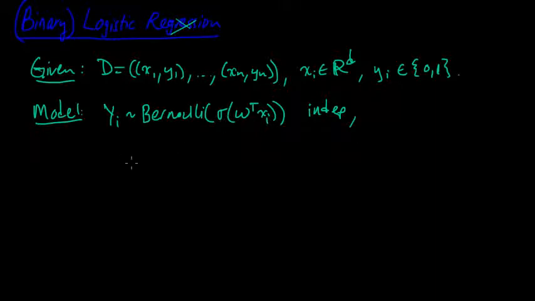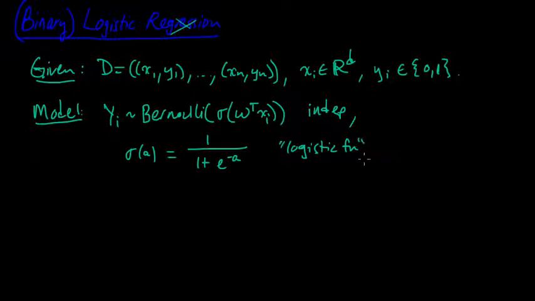And here, sigma is this logistic function that we talked about, sigma of a equals 1 over 1 plus e to the minus a. This is called the logistic function. And this w is the parameter of the model.